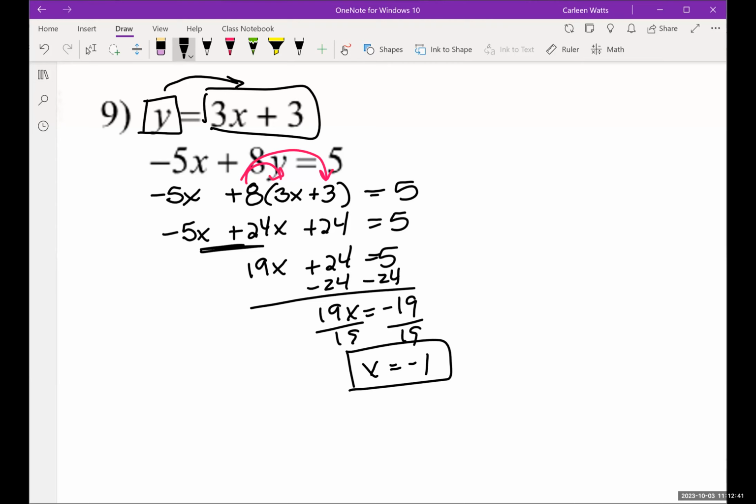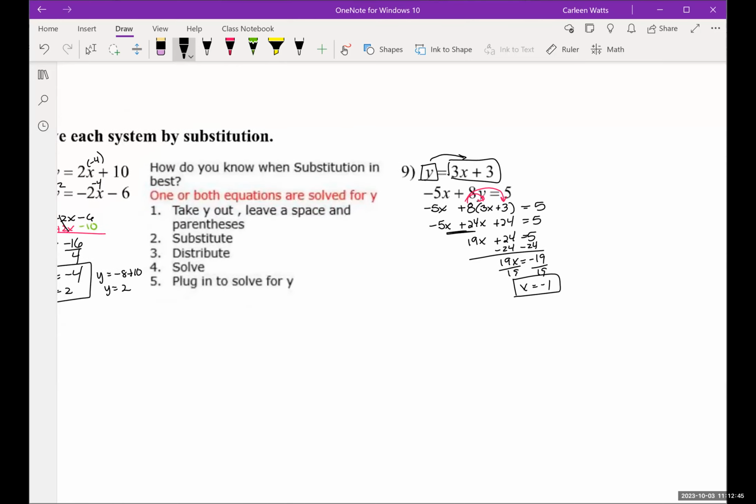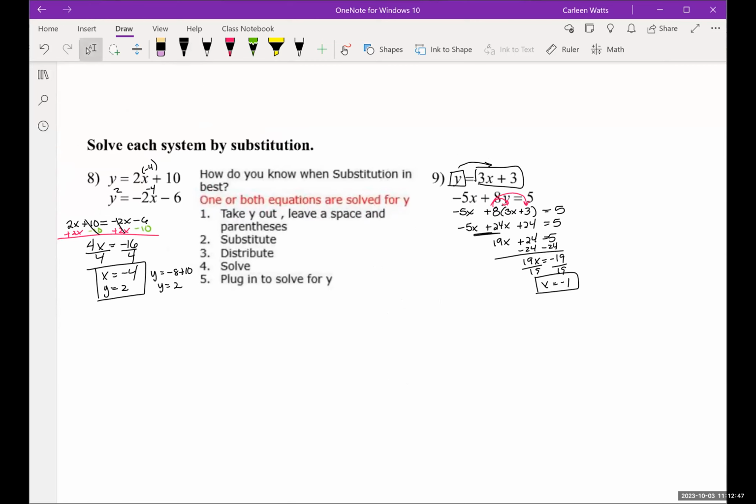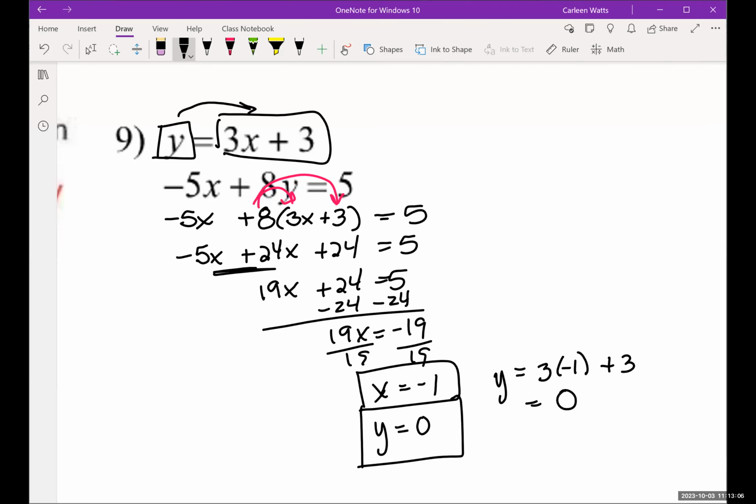Oh, did it get squished? It may have got squished. Now, okay, I'm trying to speed up a little bit. Let's solve for y. 3 times negative 1 is 0. Y equals 0.